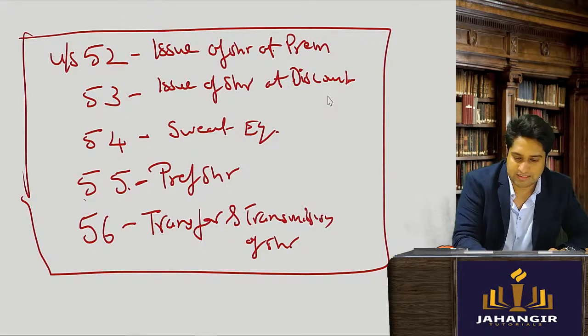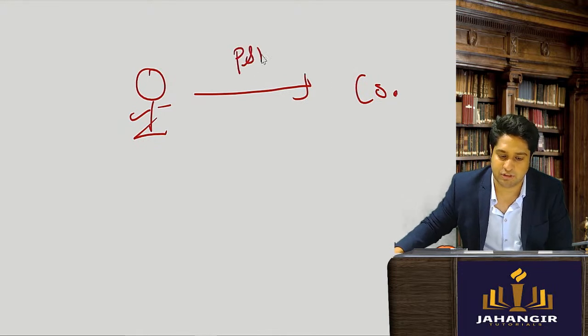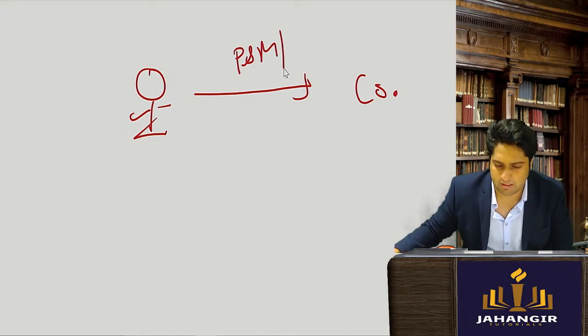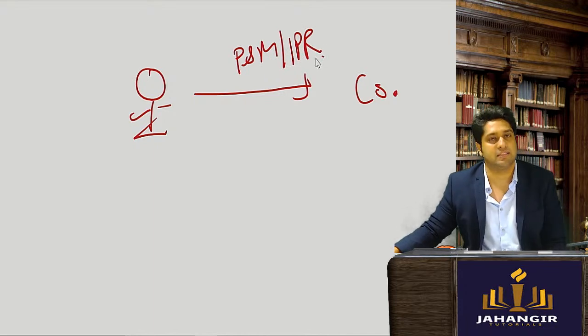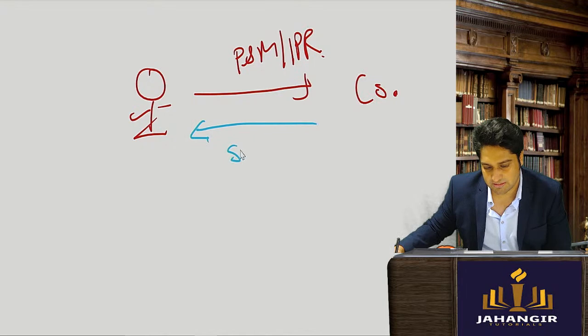Means what? Let's understand. There is this person, he came to the company and he got plant and machinery, or he got some intellectual property rights. Against this, the company wants to issue shares at premium.